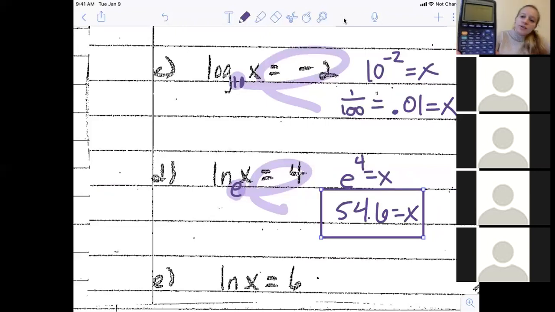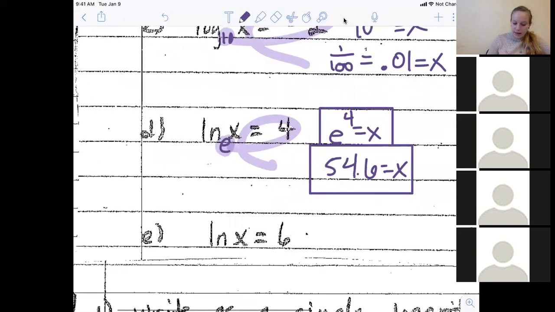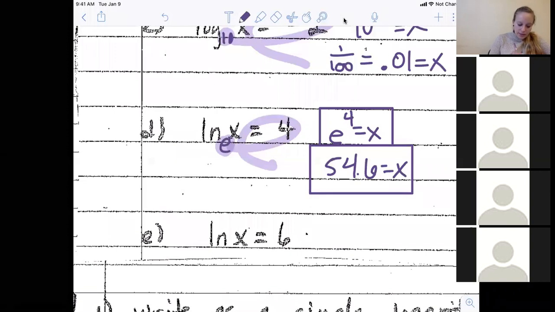If we have time at the end, I'll show you some calculator stuff, but essentially all I did was plug it in. I know this is very janky for me to do during class, but that's what I see. Again, you could just leave it as e to the 4th equals x. That is also completely acceptable. And then last one in this column, ln of x equals 6.